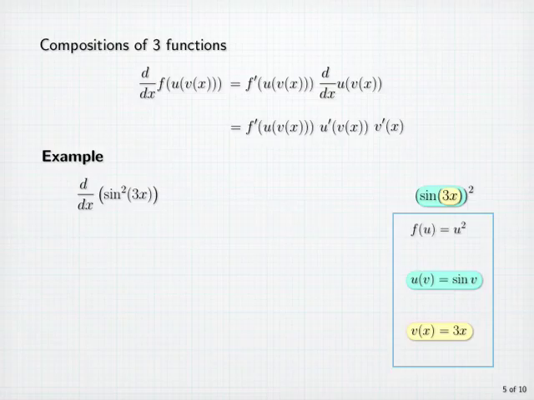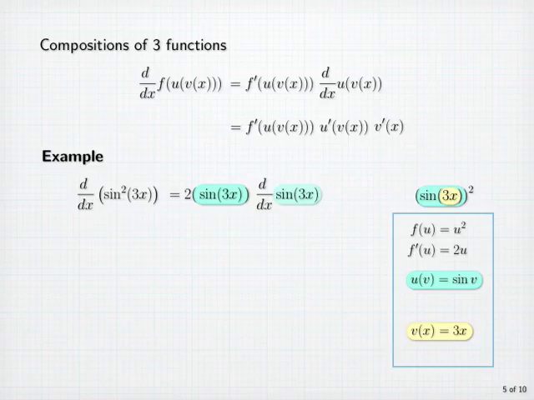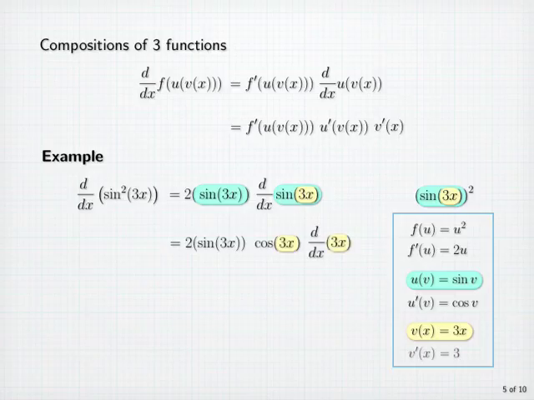Now the derivative of u squared is 2u, so we write 2 times sine of 3x and multiply by the derivative of sine of 3x. The derivative of sine v is cosine v, and so we write cosine of 3x and then multiply by the derivative of 3x. And since the derivative of 3x is 3, we end up with 6 times sine of 3x times cosine 3x.